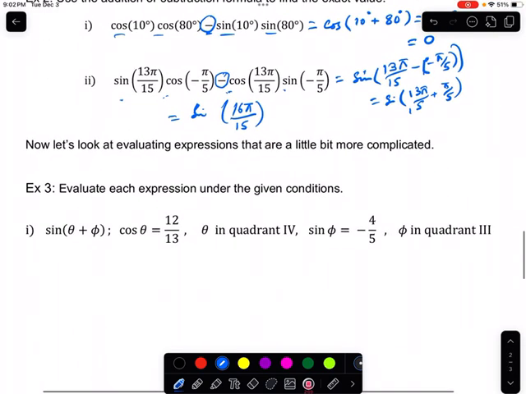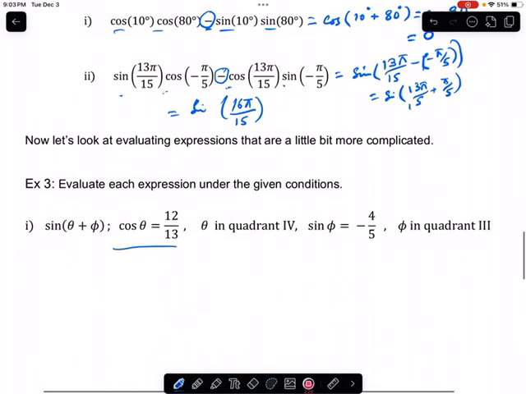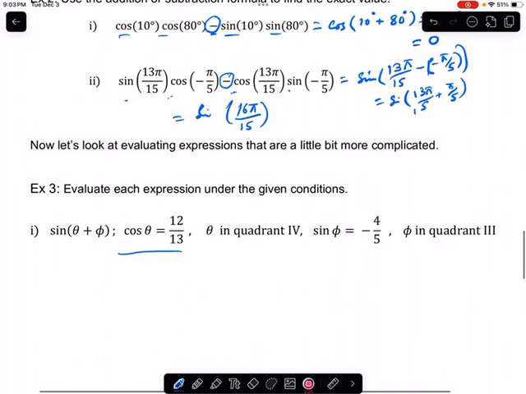Okay, so next let's look at evaluating expressions that are a little bit more complicated. Let's say we are given this information that cosine of an angle is this, and where the angle is situated, and then there is another angle.